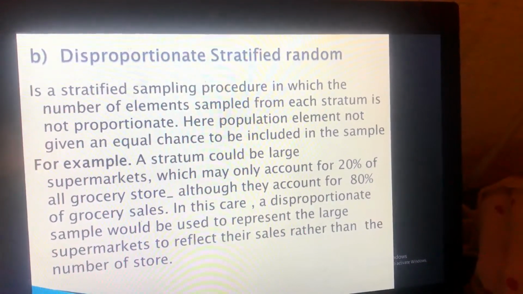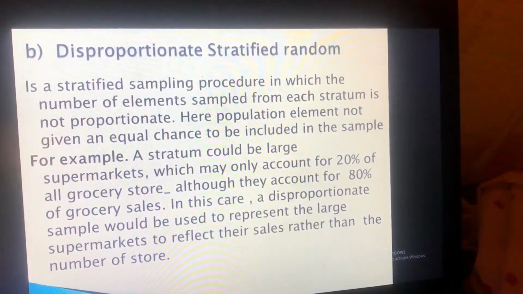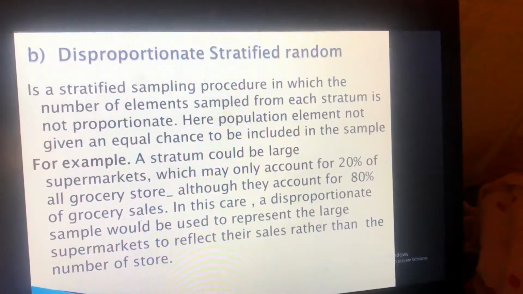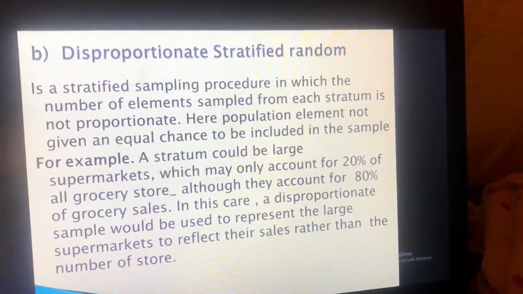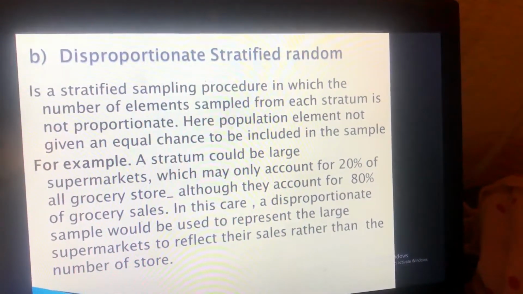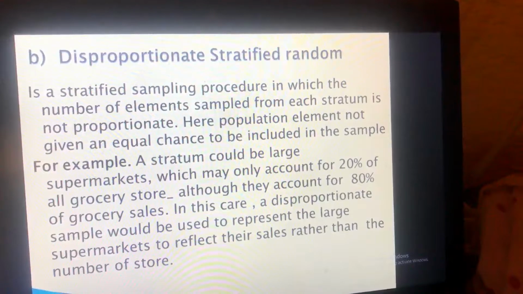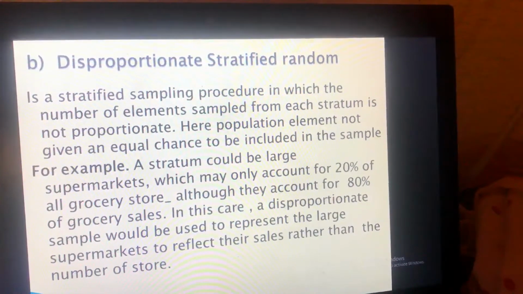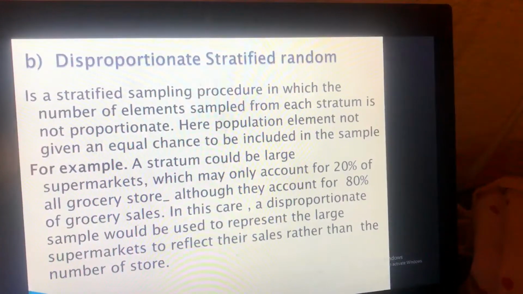Disproportionate stratified random sampling. This is a stratified random sampling procedure in which the number of elements sampled from each stratum is not proportionate. Here, population elements are not given an equal chance to be included in the sample.